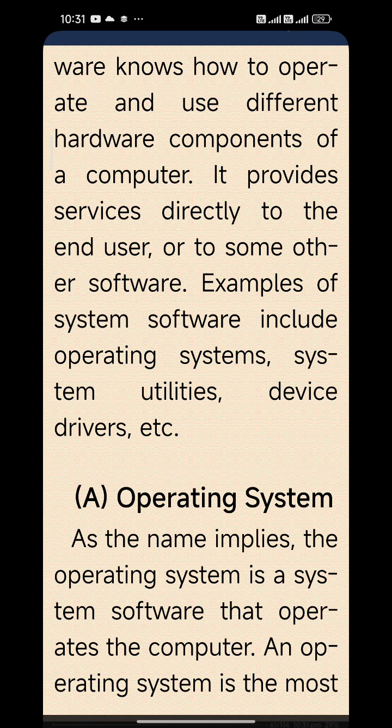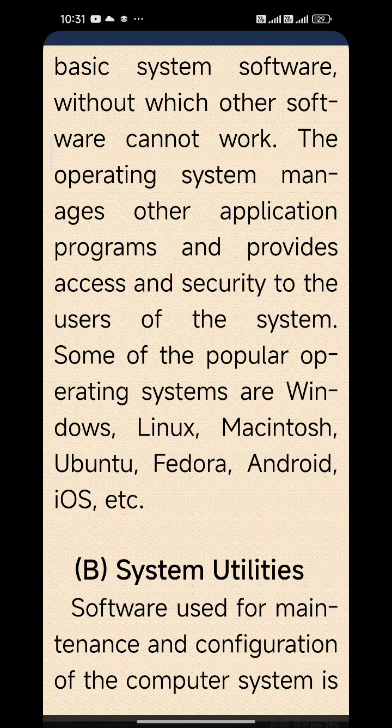Examples of system software include operating systems, system utilities, device drivers, etc. A. Operating system. As the name implies, the operating system is a system software that operates the computer. An operating system is the most basic system software without which other software cannot work. The operating system manages other application programs and provides access and security to users of the system.